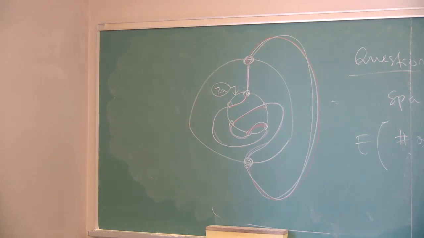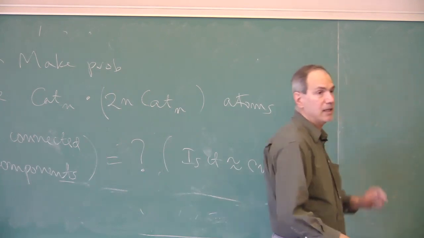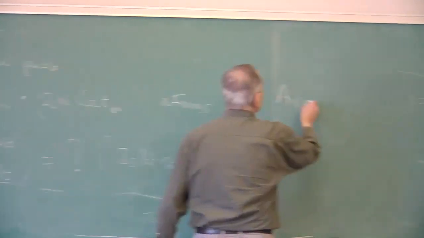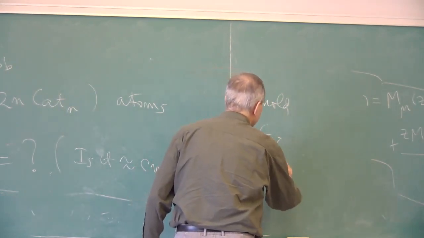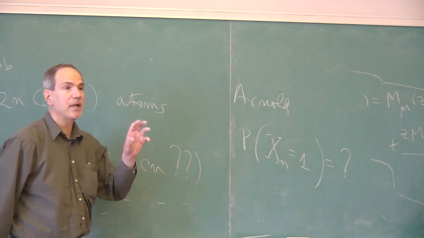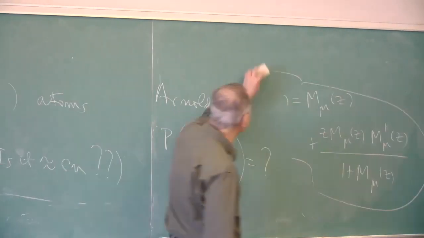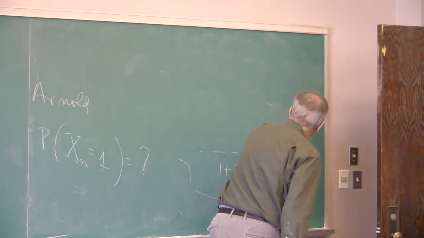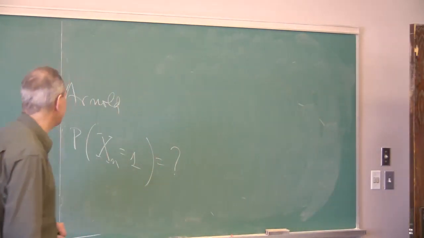If you look back at the original first random variable, which I called xn, counting the number of connected components in a random meandric system, Arnold is asking, this is the famous problem of the meanders: what's the probability that there is only one connected component? If the meandric system has only one canal, then you call it a meander.